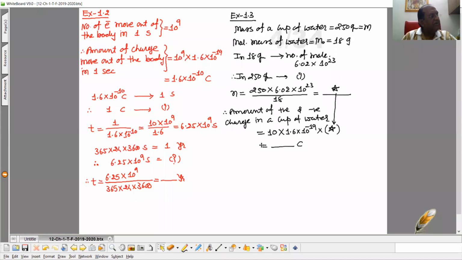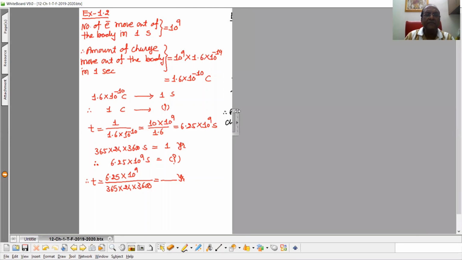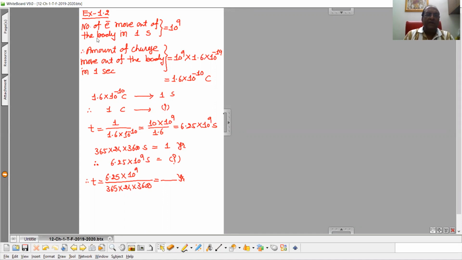Now example 1.2. If 10 raised to 9 electrons move out of a body to another body every second, how much time is required to get a total charge of 1 coulomb on the other body? Now see, the number of electrons moving out of the body in 1 second is 10 raised to 9.